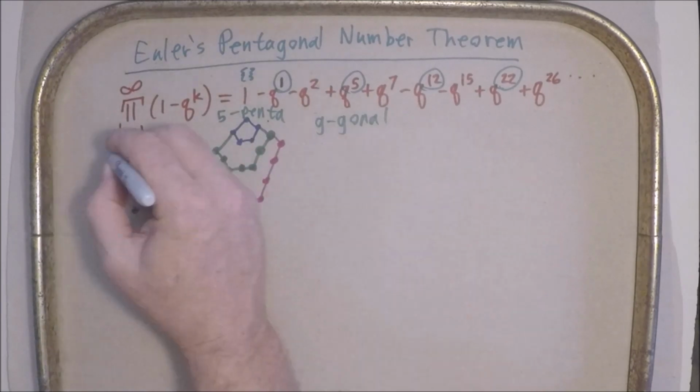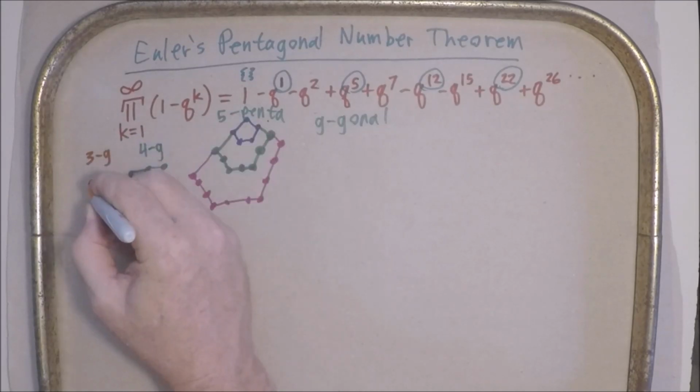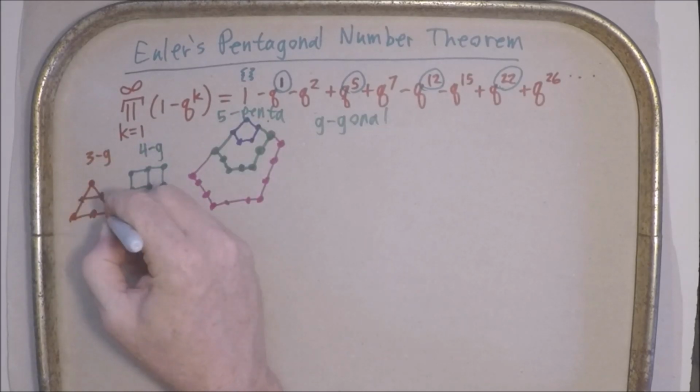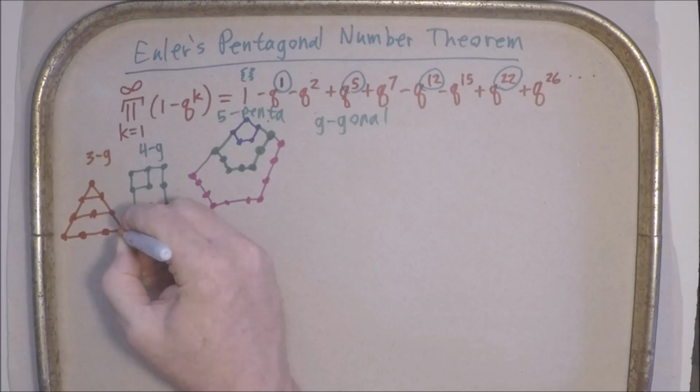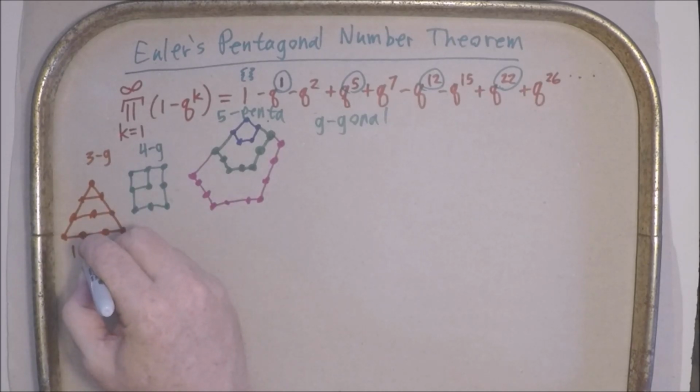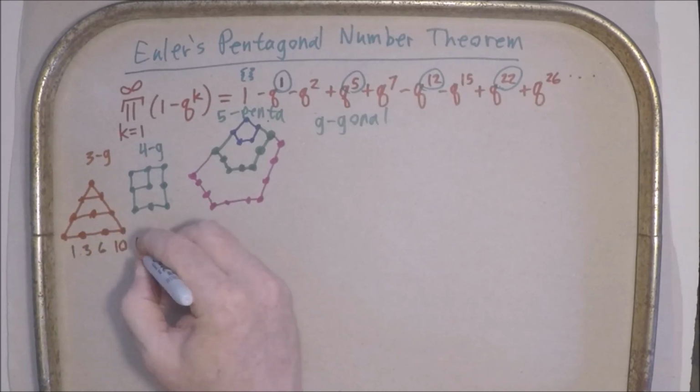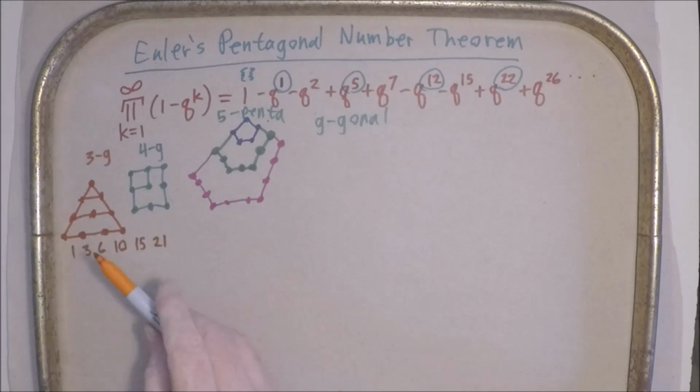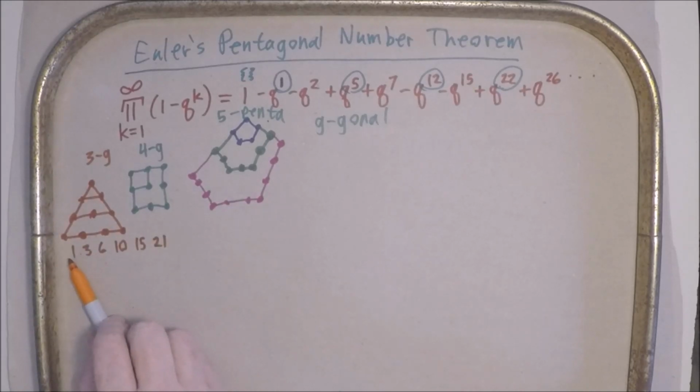And of course, the 3-gonal, 1, 2, 3, 4, 5, 6, 7, 8, 9, 10. 1, 3, 6, 10, 15, 21. Very easy to compute because you're just taking 1 and adding 2, and then add 3, add 4, add 5, and add 6.